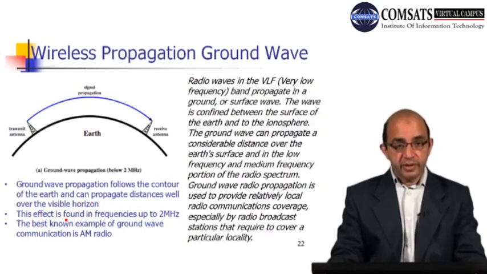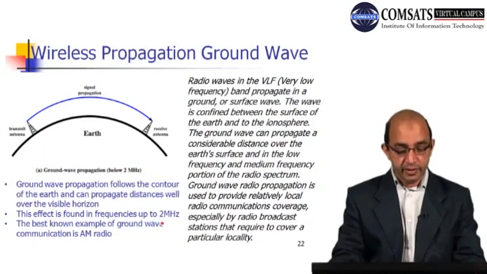So the frequencies required in order to have this sort of wave propagation mechanism should be up to 2 megahertz. One of the best examples that we can quote is our AM radio, amplitude modulated radio communication, that actually is following ground wave propagation mechanism.